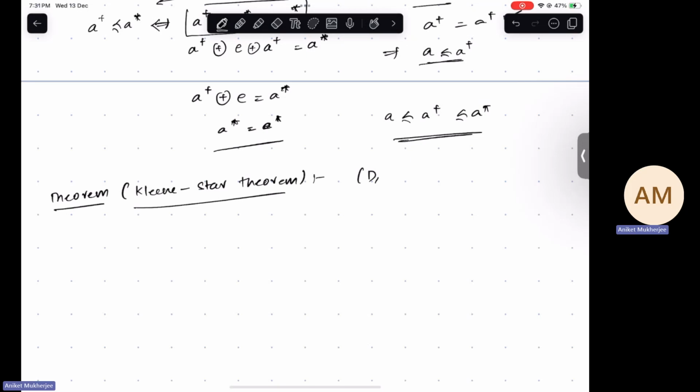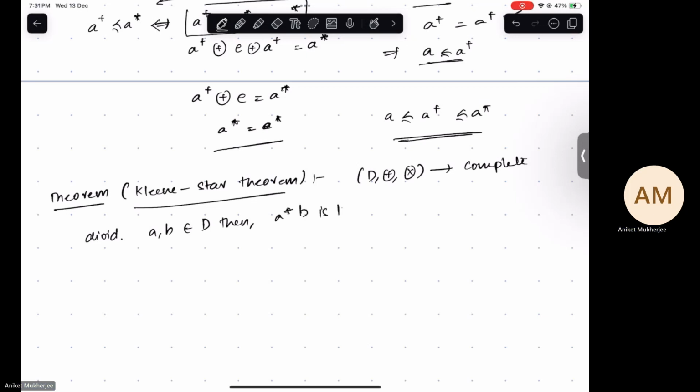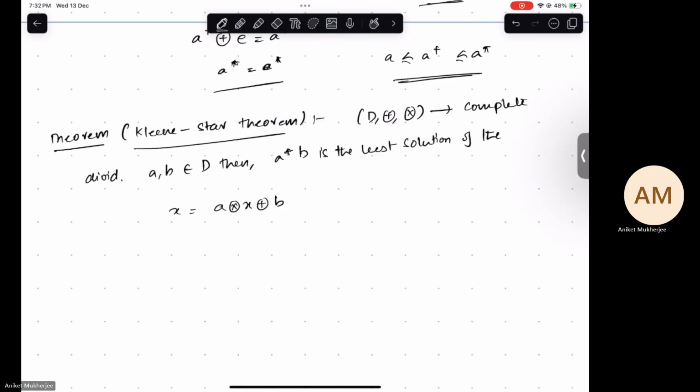Okay, so if you have D plus into, which is a complete dioid, and A comma B belongs to D, then A star B is the least solution of the affine function X equal to A into X plus B.